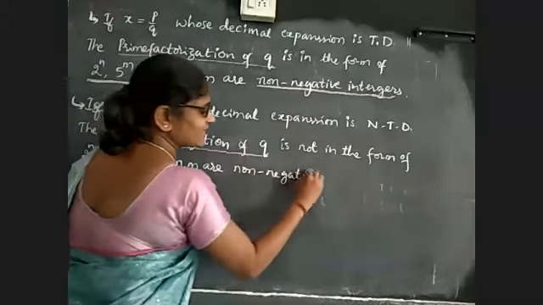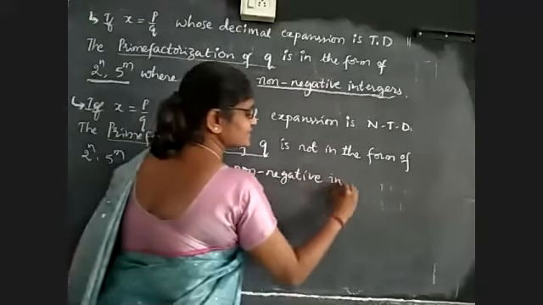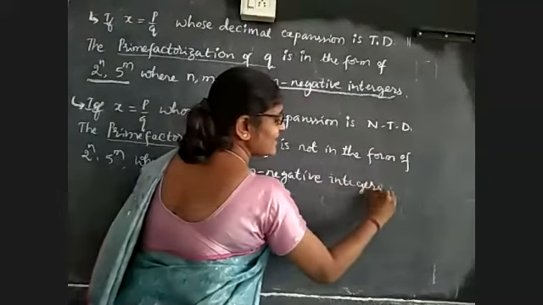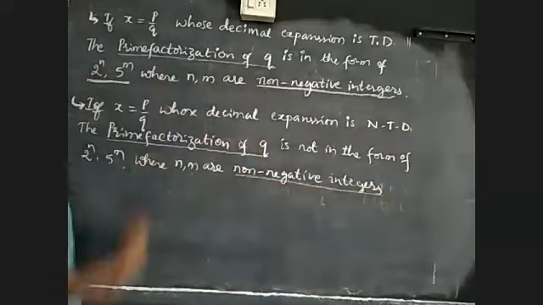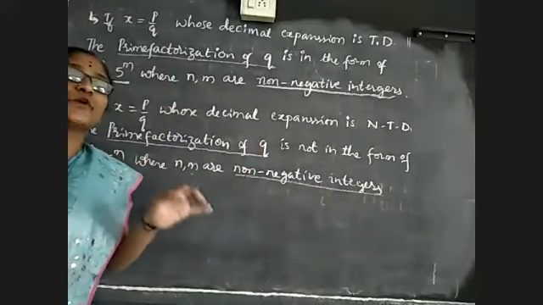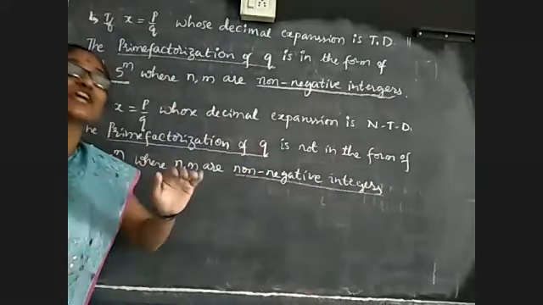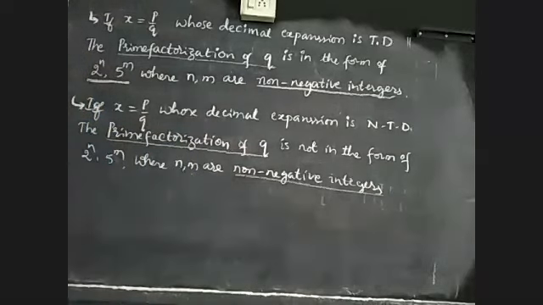If there is any doubt about non-negative integers, please try to understand: non-negative integers are nothing but all positive integers including 0. Clear? That means n and m values are all positive integers including 0. So these are the two theorems.